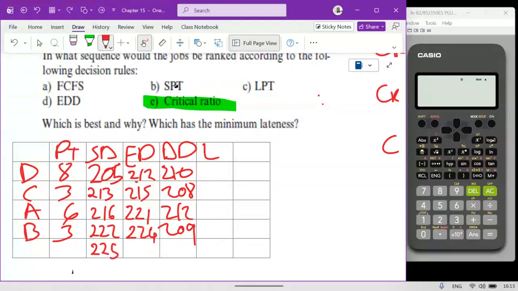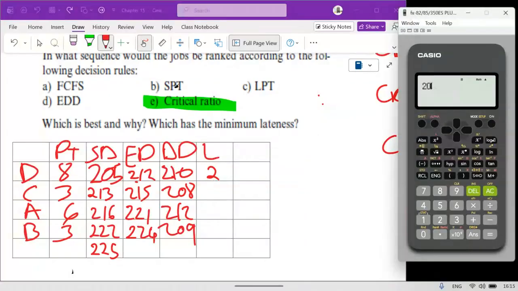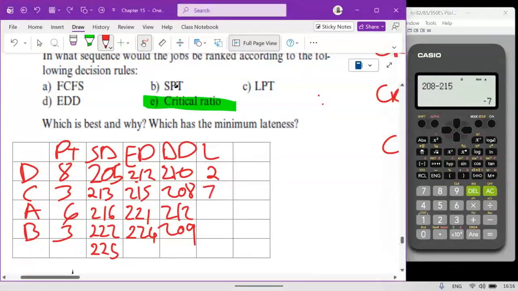You see 210 minus 212, we have a negative 2, then becomes 2. Because the due date is 210, you can only produce 2 extra days, which is 212, then it becomes 2. Then the next one is 208 and 215. 208 minus 215, so you can see that you have a negative again, we have a 7.